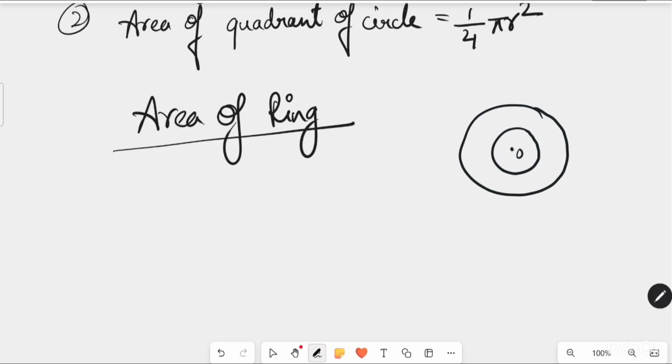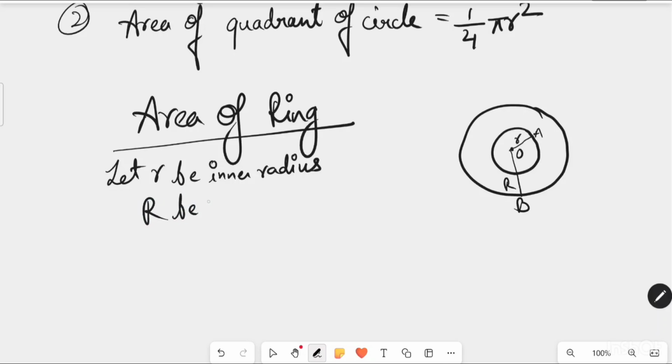This is center O. Let r be the inner radius and capital R be the outer radius of ring.